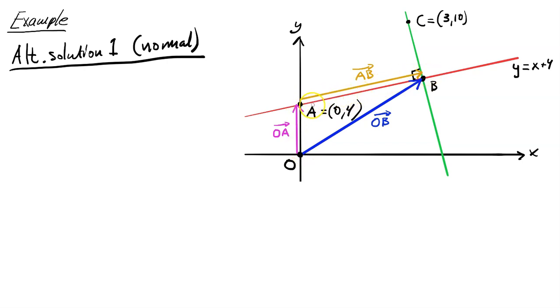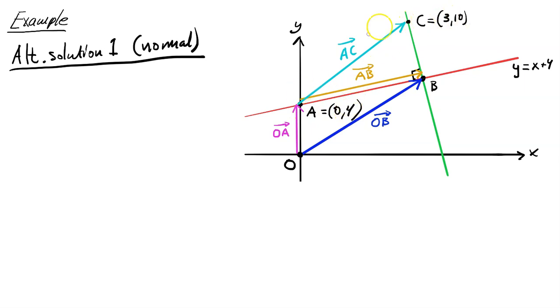But then we can use vector projection. If we project this vector, this vector is AC. And that vector we know, because we know where it starts at A, and we know where it ends.